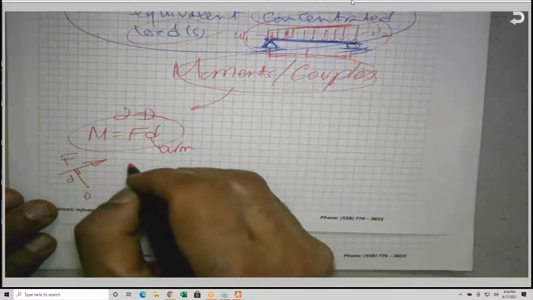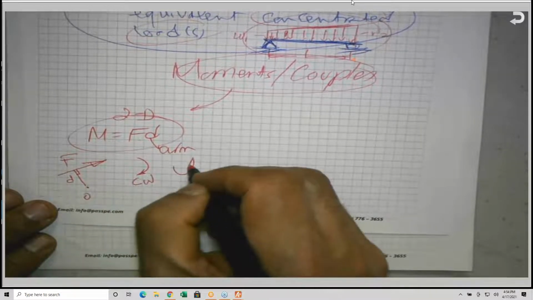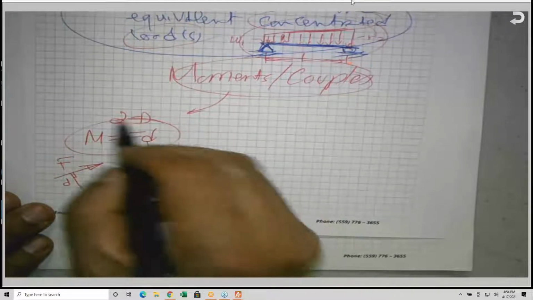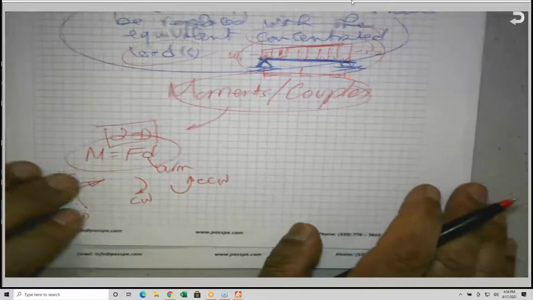It could be either clockwise or counterclockwise, CCW. So this is easy for 2D. It is just force times distance, and we're going to see some examples shortly.